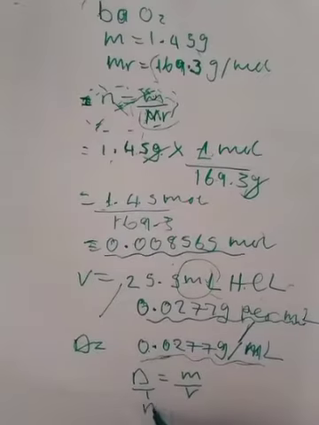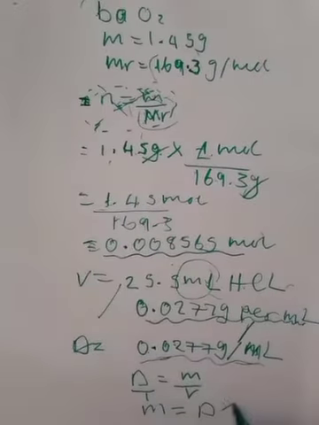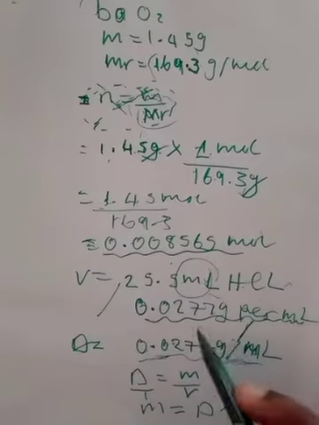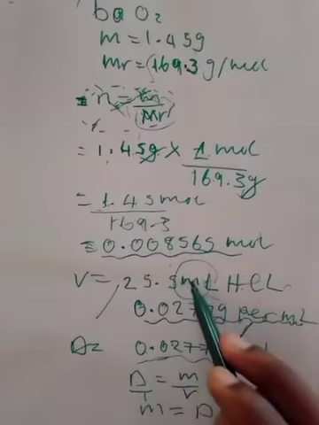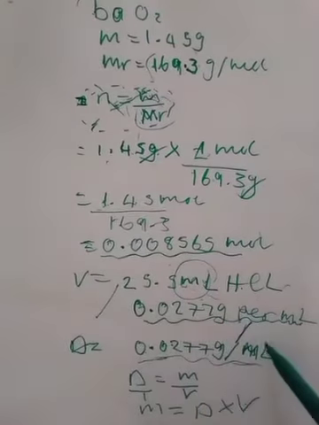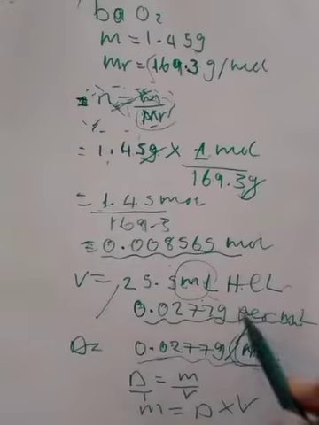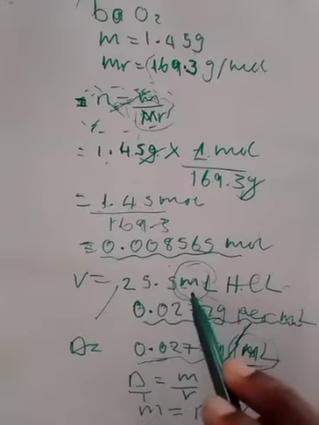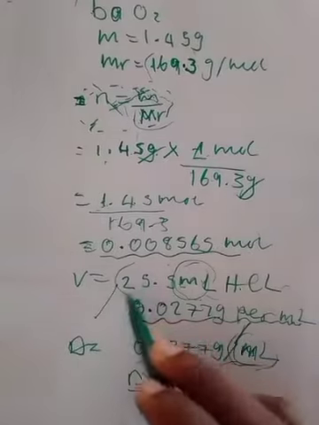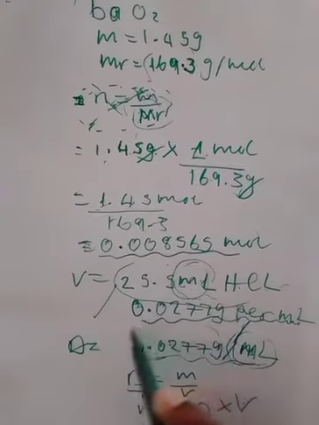Now I know you might be asking, since it is in milliliters, shouldn't I convert it to liters? In the case where the density is also in milliliters, you don't do anything. You just directly multiply the given volume with the density, and whatever you get will be the mass for this hydrochloric acid.